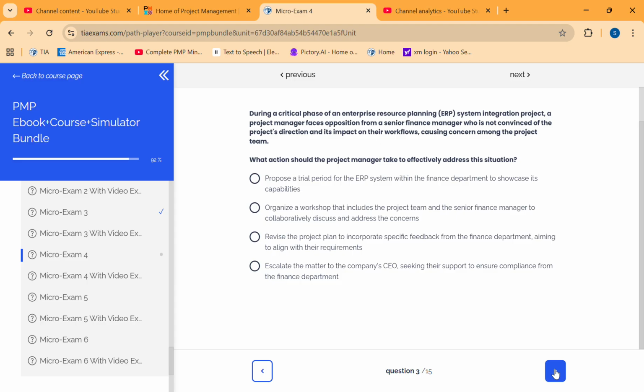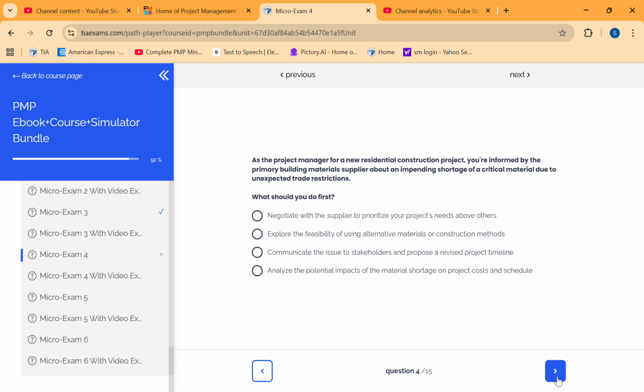Organize a workshop that includes the project team and the senior finance manager to collaboratively discuss and address the concerns. Revise the project plan to incorporate specific feedback from the finance department, aiming to align with the requirements. Escalate the matter to the company's CEO seeking their support to ensure compliance from the finance department. I think we should organize a workshop with the team and senior finance manager, and we should collaboratively discuss and address the concerns that he has.